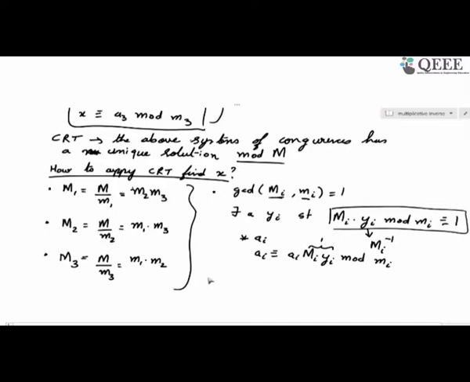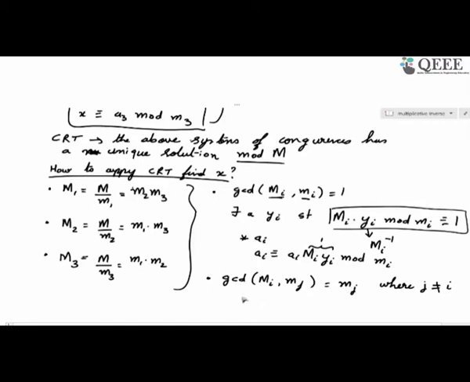On the other hand, what we see is that GCD of capital Mi comma small mj will be equal to small mj, where j is not equal to i. This is because, by the way we defined the capital M's, we have this term. For example, capital M1 is a product of small m2 and m3. Therefore, the GCD of capital M1 with m2 will be small m2.